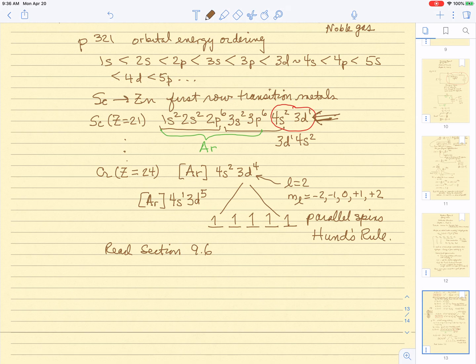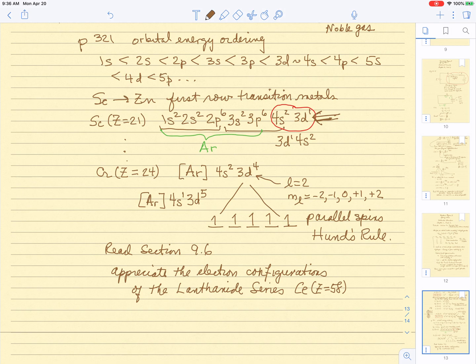I want you to appreciate the electron configurations of the lanthanide series, which starts at cerium, which is Z equal to 58, to lutetium, which is Z equal to 71, and the actinide series.